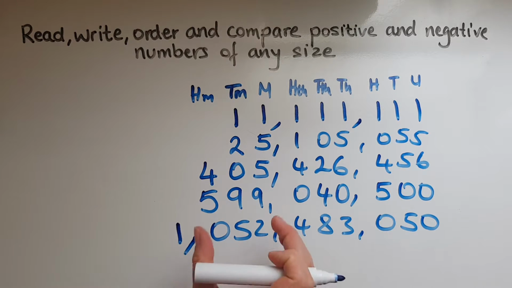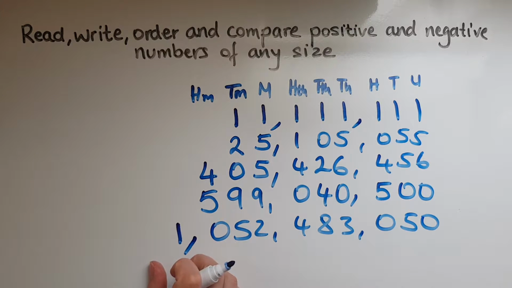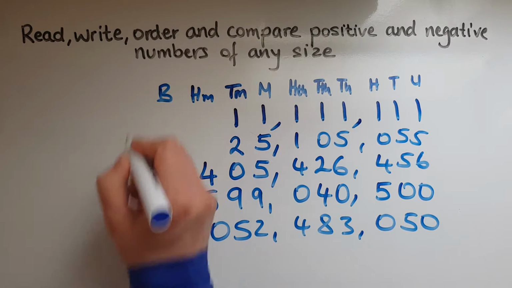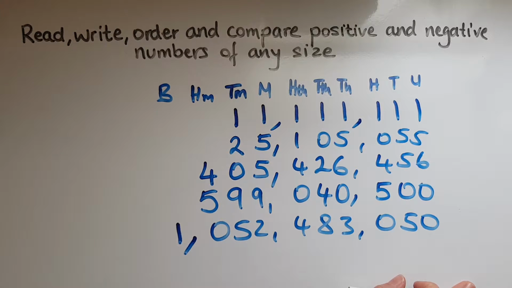So we're finished with the millions now. What comes next? It is the billions. So this here will be the billions column. So I've got 1,052,483,050.